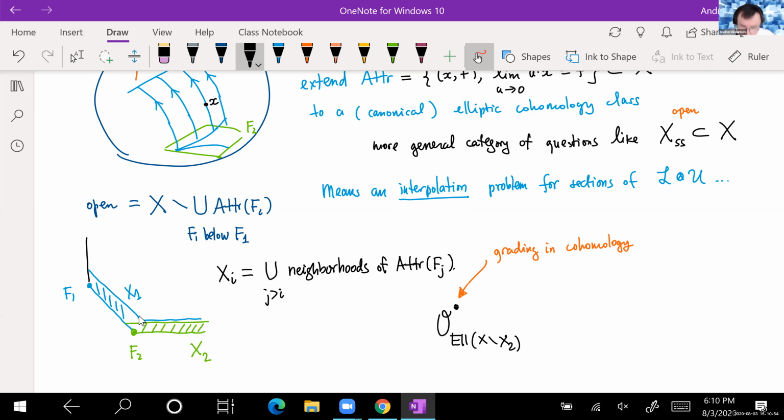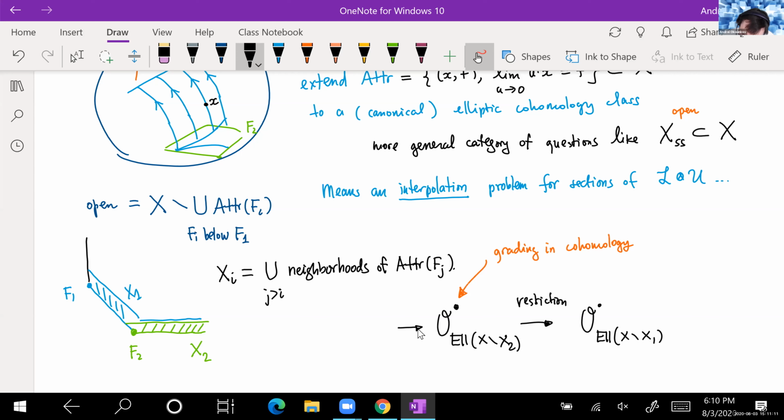I can restrict it to the open set, which is X minus X1.